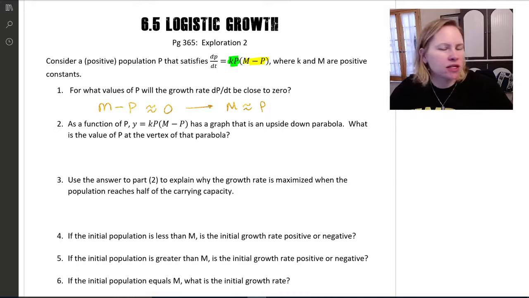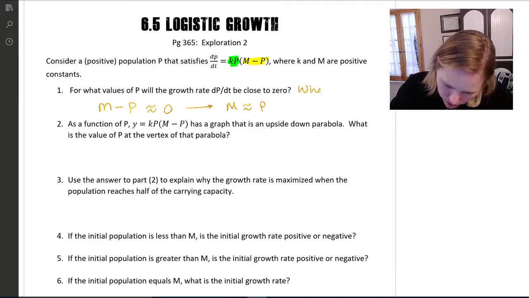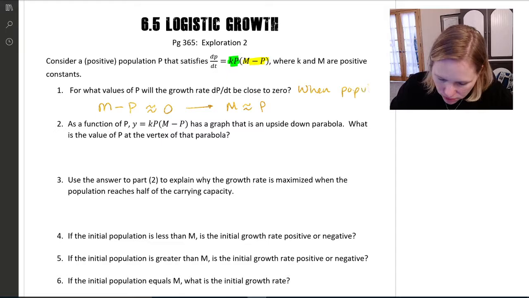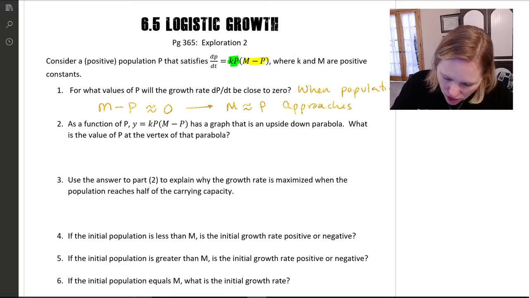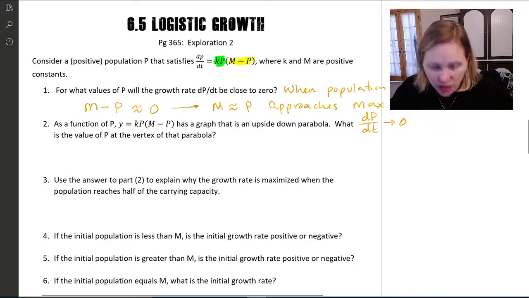That should make sense, right? As I max out the room and the food, my growth rate slows down and becomes 0. So when the population approaches carrying capacity, or the max, dp dt approaches 0.